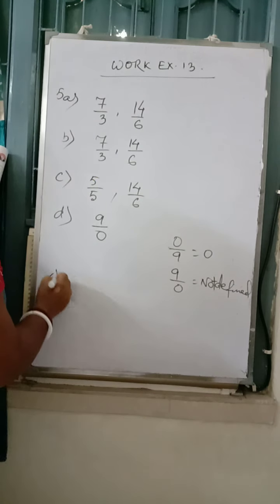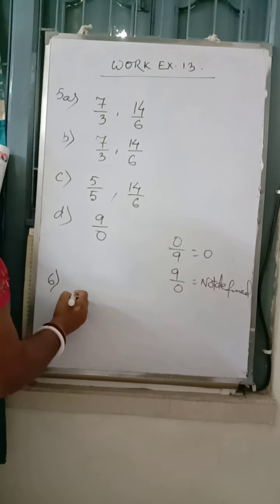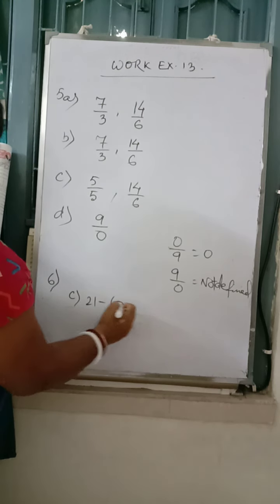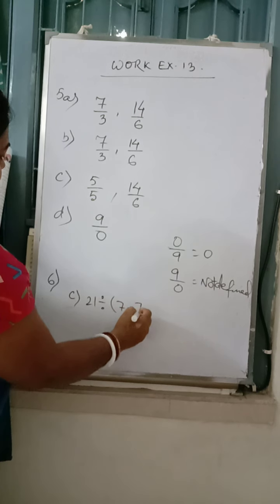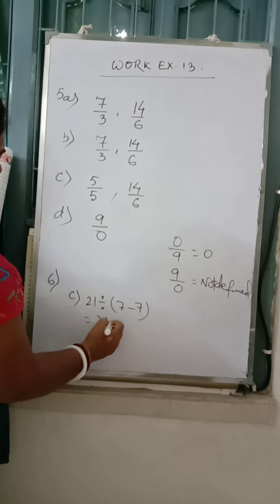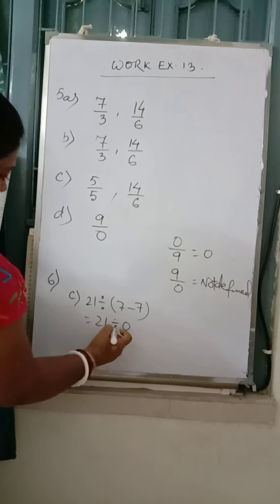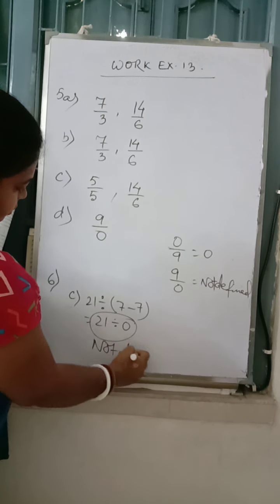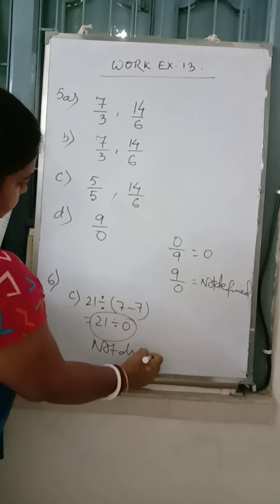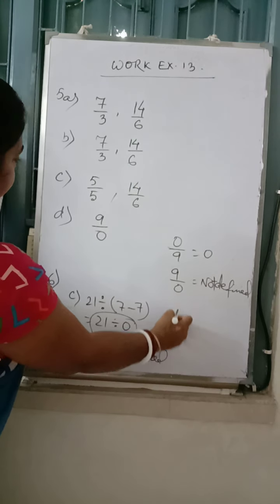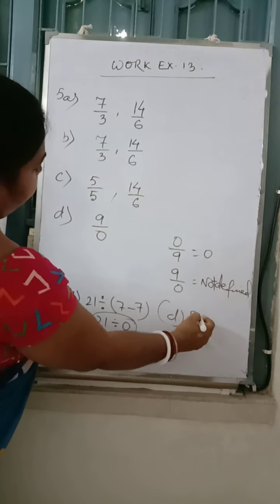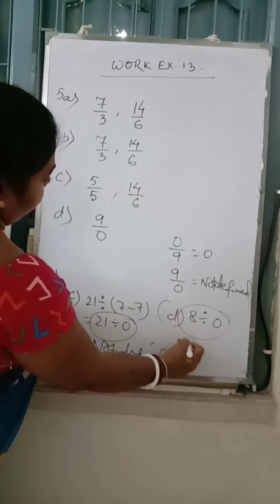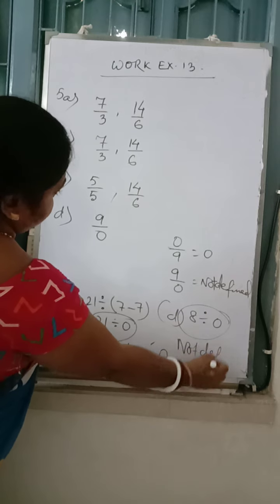Similarly, they have asked you in question number 6 which are meaningless. Number C is 21 divided by 7 minus 7, so this gives you 21 divided by 0, which is not defined. And number D, 8 divided by 0, which is also meaningless or not defined.